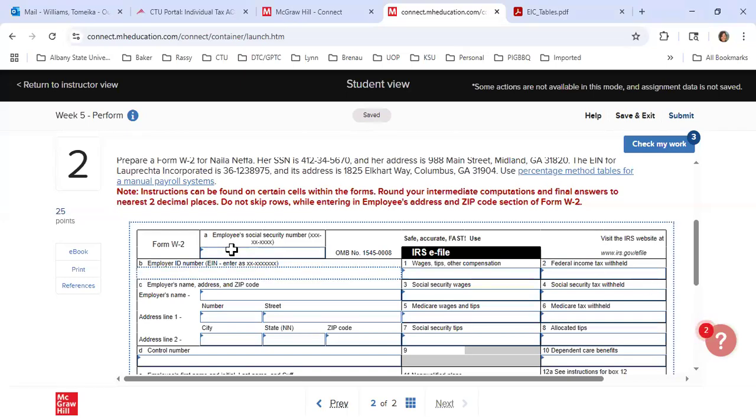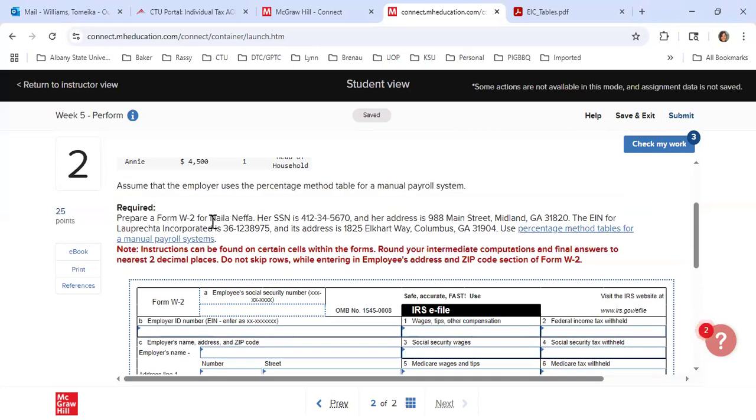The preliminary information, starting with the employee's social security number, they only want this for this employee, Nyla Nefa. So that's the information we're going to enter. The social is 412-34-5670. The employer ID is 36-123-8975. This is information that they've given us in the problem.